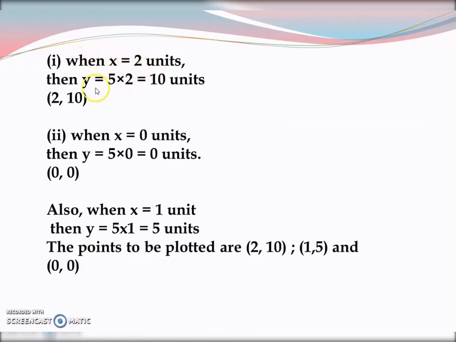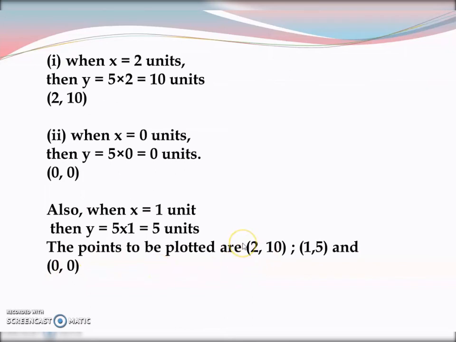So if x is 2 units, y will be 5 into 2, that is 10 units. So 2, 10, this is one coordinate. Then when x is 0 units, y will be 5 into 0. So 0, 0 is another coordinate. And when x is equal to 1 unit, y will be 5 into 1, that is 5 units. So 3 coordinates we have found here: 2, 10, 1, 5 and 0, 0.